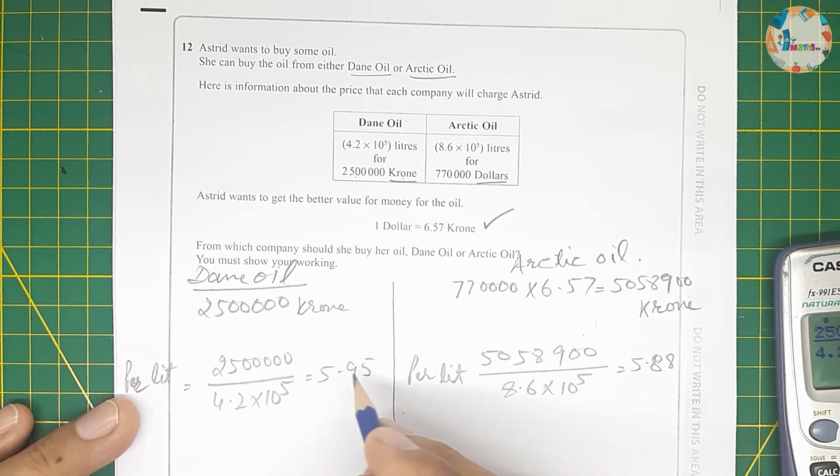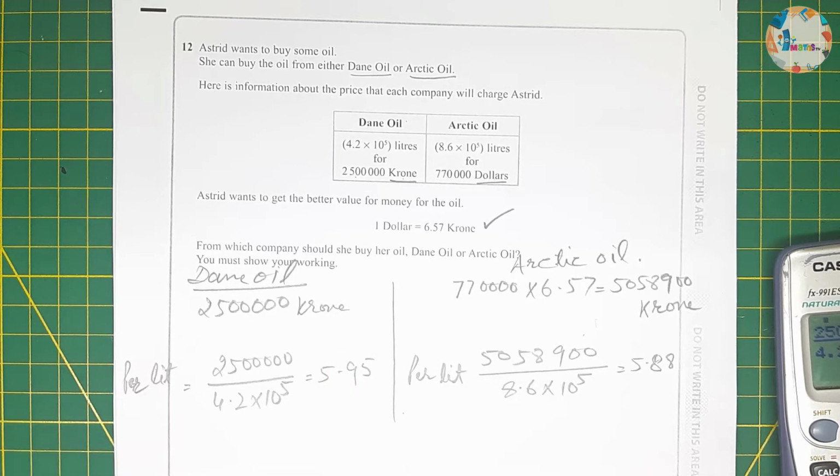So the cost for this one is more than this. So according to our estimation, this is a better deal. She should go for Arctic oil because the numbers for this one show that it is cheaper.